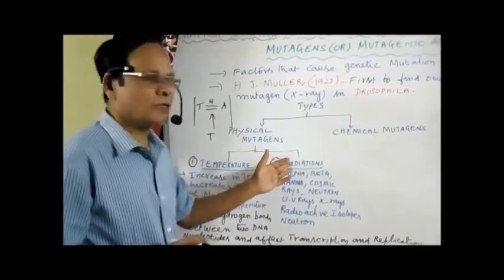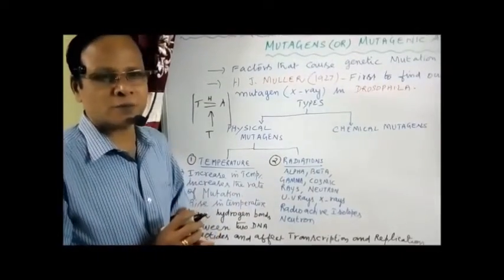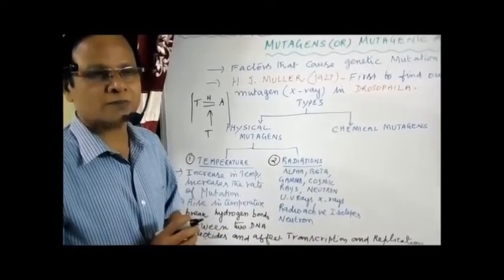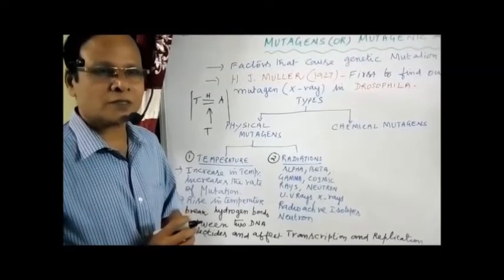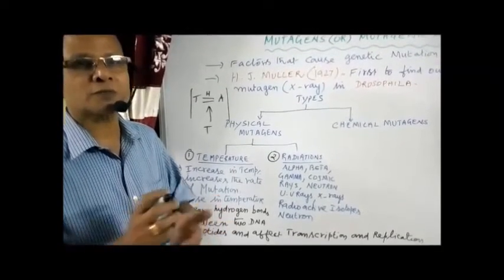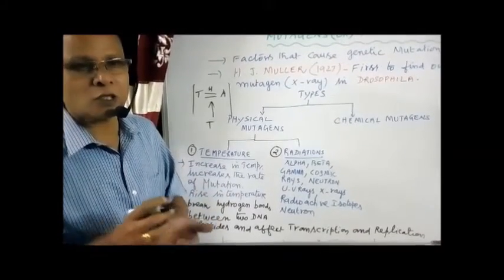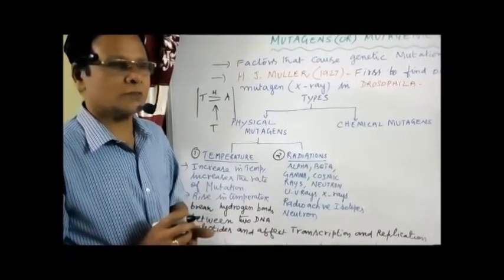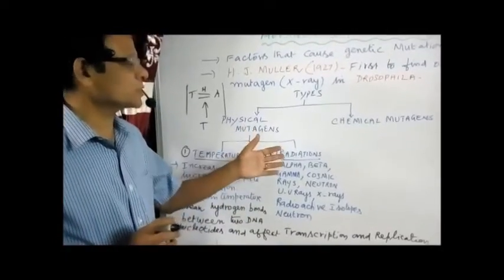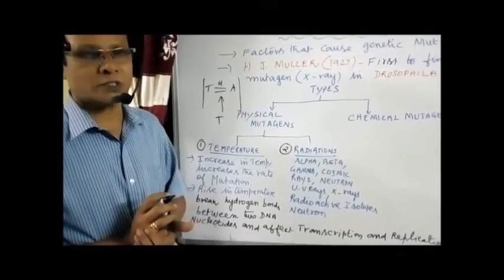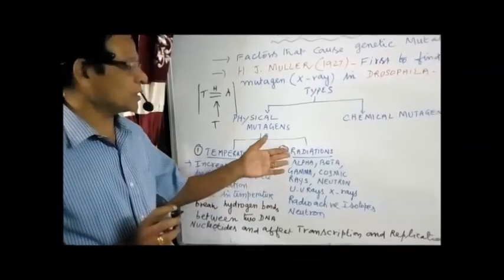Now about the radiations, we have a number of them. The main ones are X-rays, alpha rays, beta rays, gamma rays, cosmic rays, and even radioactive isotopes, UV rays, and neutrons. These are some of the radiations responsible for causing mutations. Now let's go for radiations.